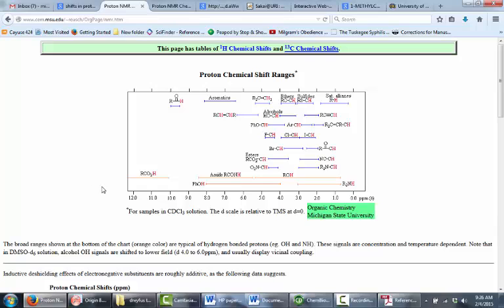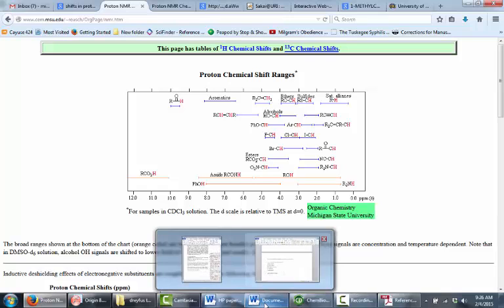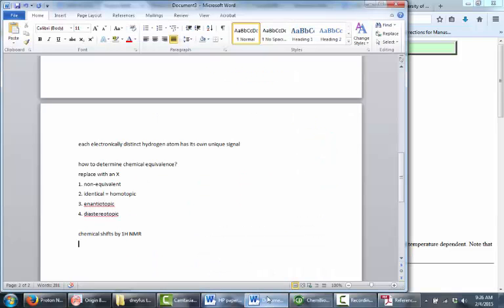So now let's go through what useful information you can get from a proton NMR spectrum, and that's related substantially to the chemical shifts that we see in the protons, which correlates with their local chemical environment.